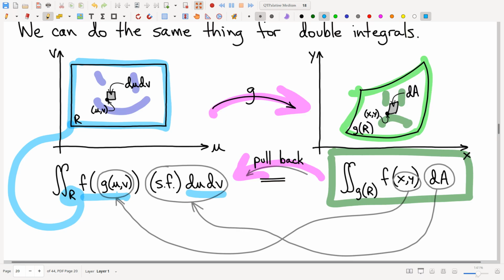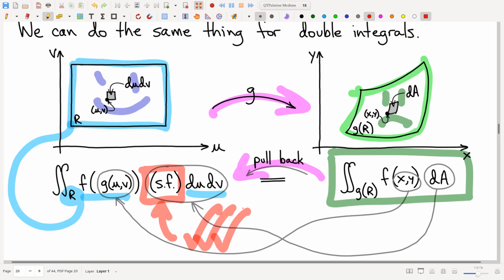And you've got to stick in your stretching factor. Again, that's just to keep it honest. After all, du dv is not the same as dx dy. But I can turn an ugly integral on an ugly domain into a probably perfectly reasonable integral on, hopefully, fingers crossed, a perfectly reasonable domain.